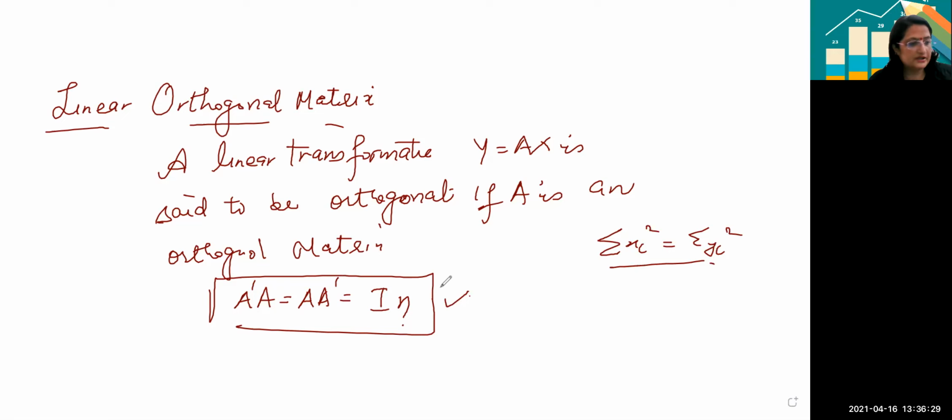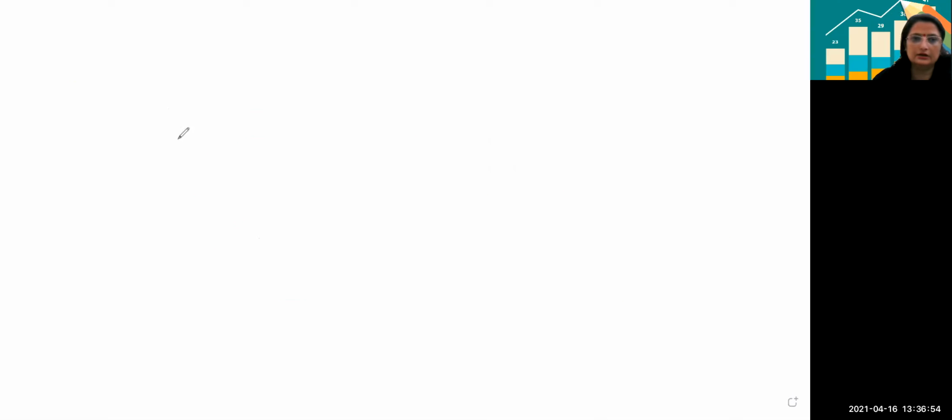So we can use these two conditions: a matrix or a linear transformation is said to be orthogonal if x x dash is equal to x dash x is equal to y dash y, or we can say that A dash A is equal to A A dash is equal to the identity matrix of order n, right? So we will now use this whole concept in a theorem.